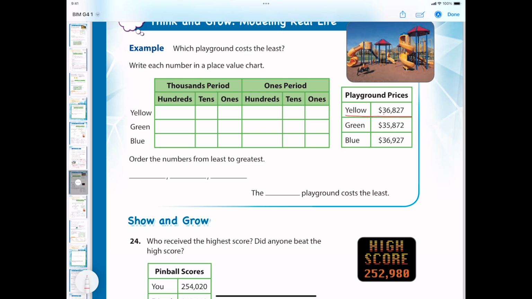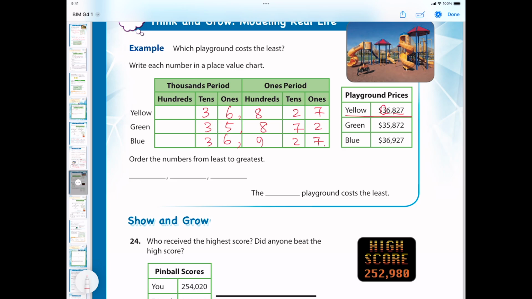Okay, 36,827. And green is what? 35,872. And blue is 36,927. Now order the numbers from least to greatest.